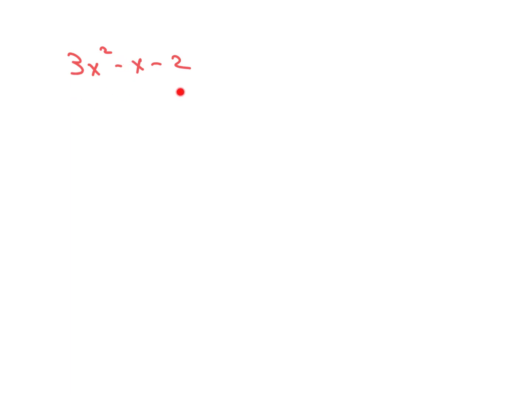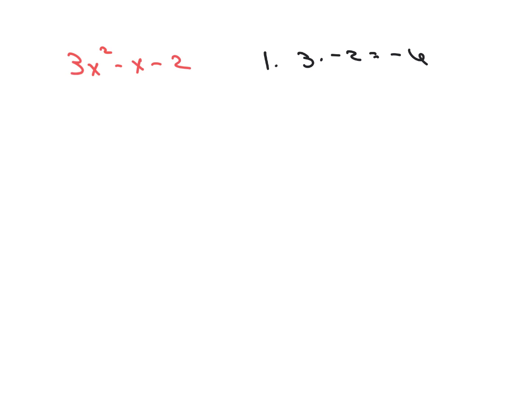And then you'd make your parentheses and put your numbers in there. But now that we have a 3 here, it makes things a lot different. Okay, so this is how I propose that you do these. First step, we take the first term times the last term. 3 times -2. That's pretty easy. 3 times negative 2 is negative 6.